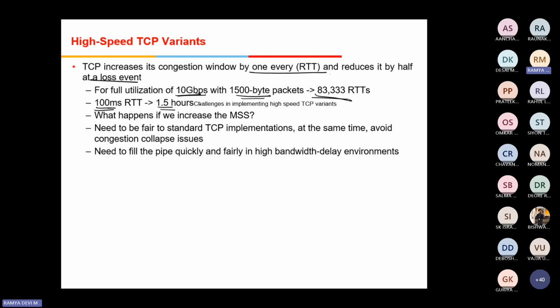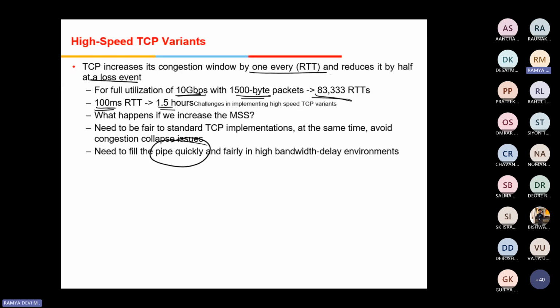It should be aggressive enough to utilize the full bandwidth capacity, and also avoid congestion. High-speed variants should balance aggressive window growth, because too much aggression leads to congestion, which also has to be avoided. We need to fill the pipe quickly and fairly in high bandwidth delay environments.